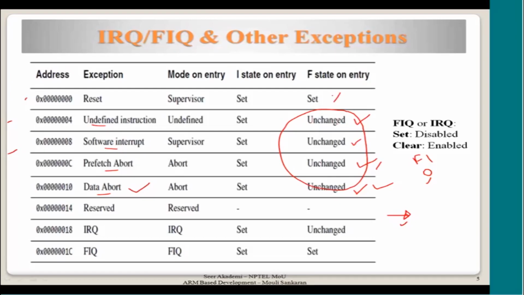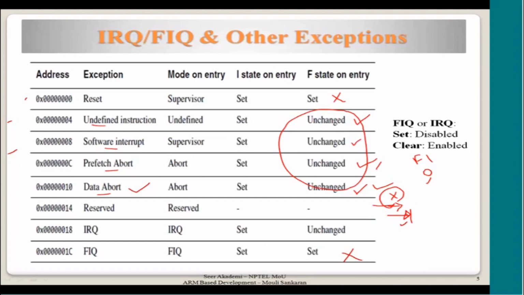But during reset it will not be serviced. But if it is already servicing an FIQ interrupt and one more interrupt comes on the same input, it won't be serviced because the previous handling itself is not done. So this is a spurious interrupt. It is being serviced, so it will not recognize that. Okay. So these are the conditions of the flag.